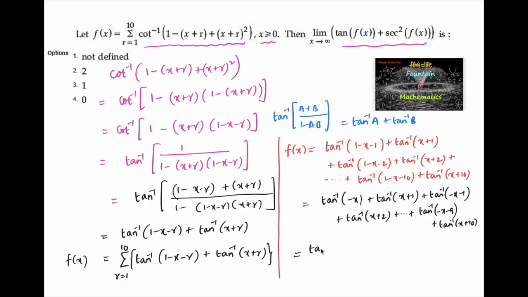So this can also be written as minus tan inverse of x plus tan inverse of (x plus 1), and tan inverse of (negative x minus 1) we can write as minus tan inverse of (x plus 1), plus tan inverse of (x plus 2), and so on, minus tan inverse of (x plus 9) plus tan inverse of (x plus 10).